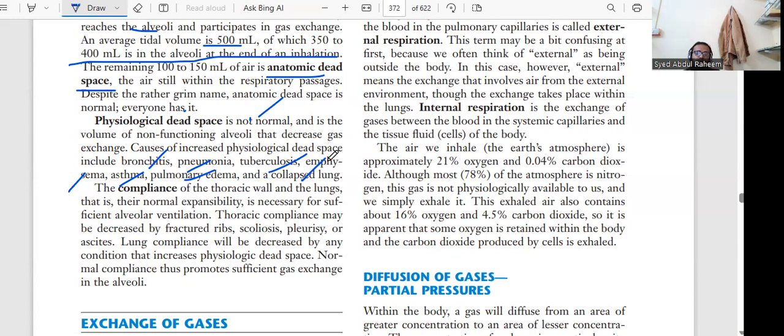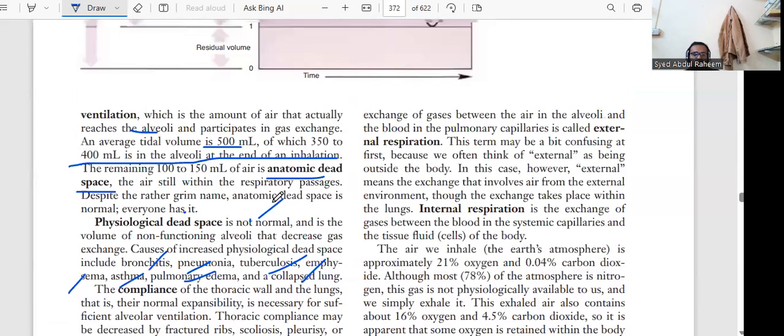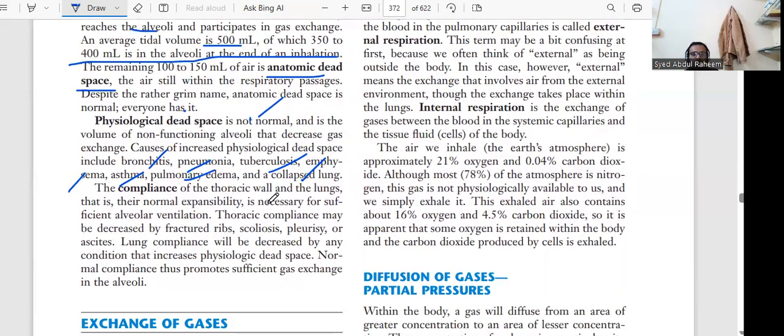The compliance of the thoracic wall and the lungs, that is their normal expansibility, is necessary for sufficient alveolar ventilation. Thoracic compliance may be decreased by factors like scoliosis, obesity, or ascites. Lung compliance will be decreased by any condition that increases physiological dead space. Normal compliance promotes sufficient capacity in the alveoli.